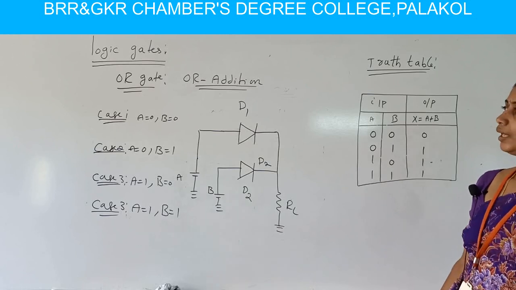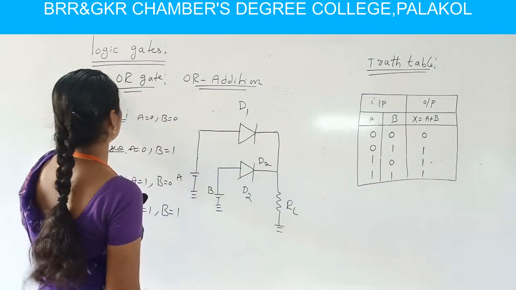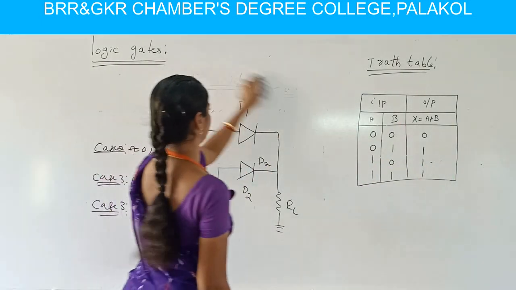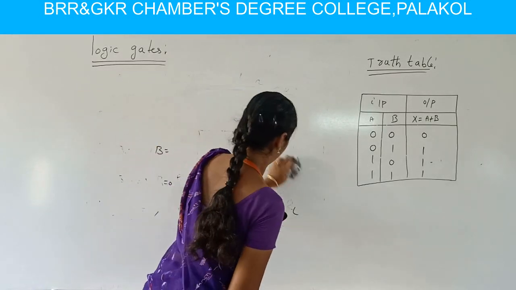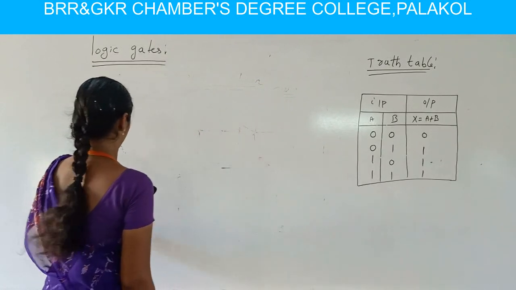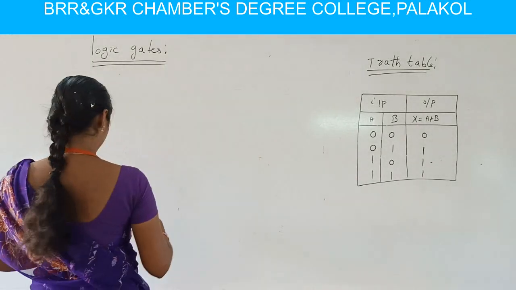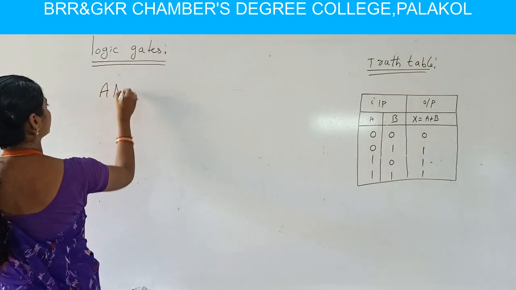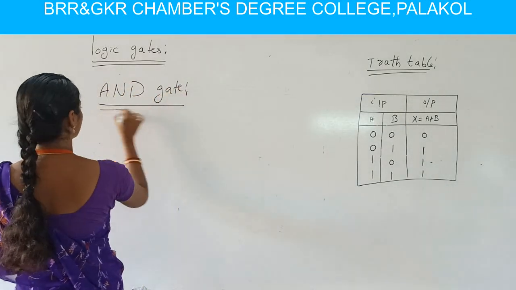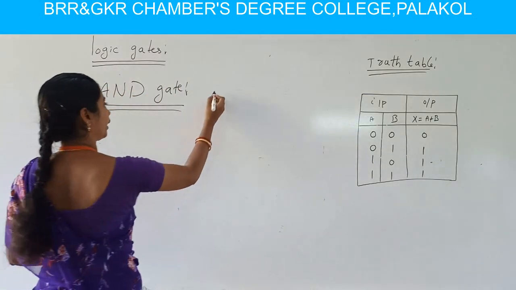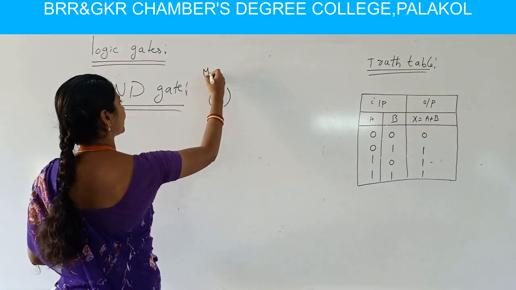Then we go to the next logic gate, which is the AND gate. The AND gate is binary multiplication, nothing but the dot product.